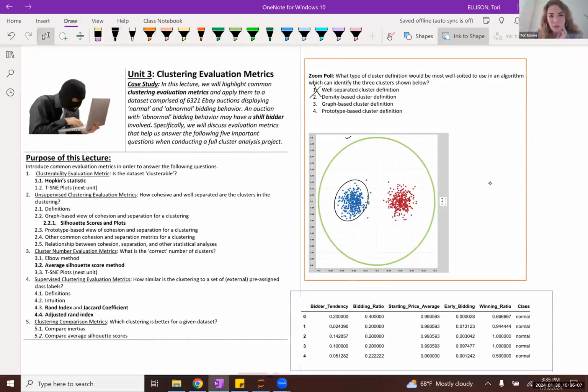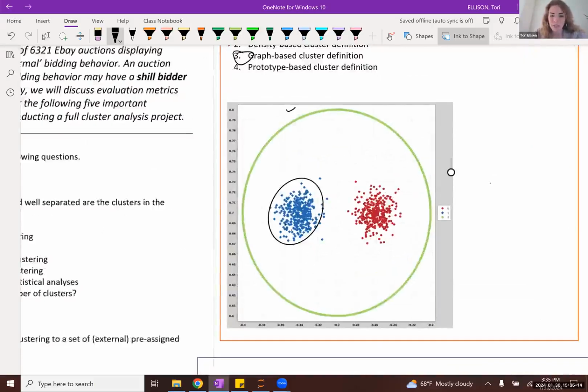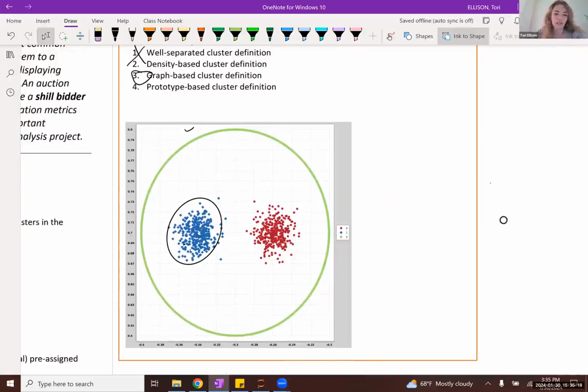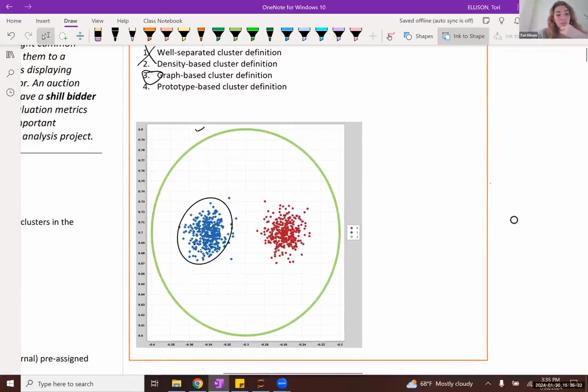Now, something that we might use here is a graph-based definition of a cluster. Generally speaking, if at least one of our clusters in a data set is non-convex and not well separated from the other clusters, then a graph-based cluster definition can sometimes be effective.